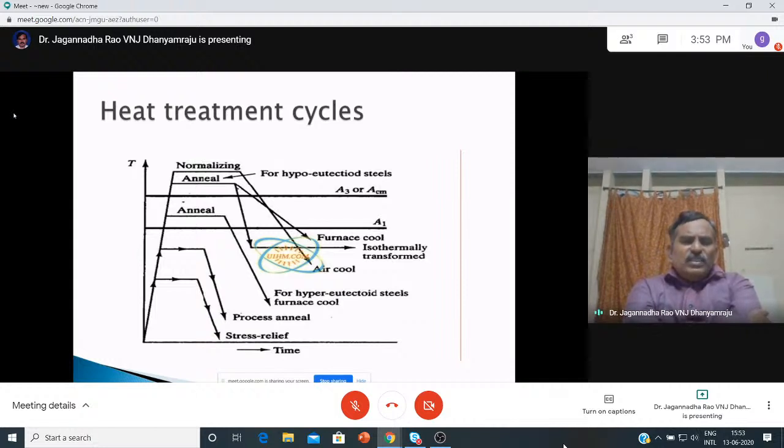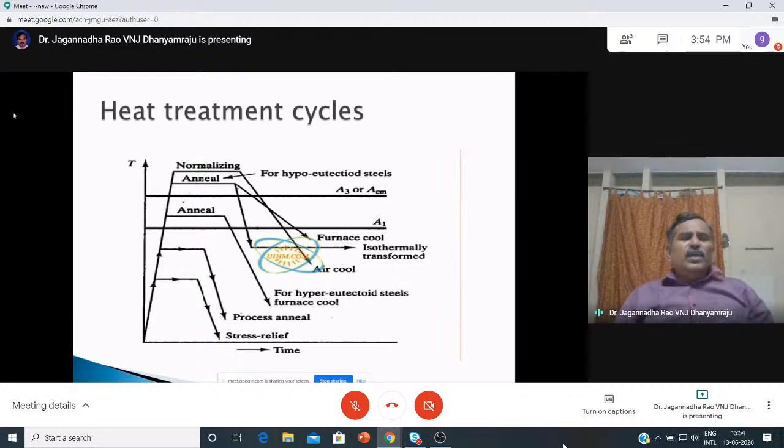So the components are heated very slowly. Why are they heated very slowly? When you heat fast, there may be distortion and residual stresses because of the thermal gradient. That is why in any heat treatment process, the heating takes place in a very smooth manner, slowly, up to the annealing temperature.